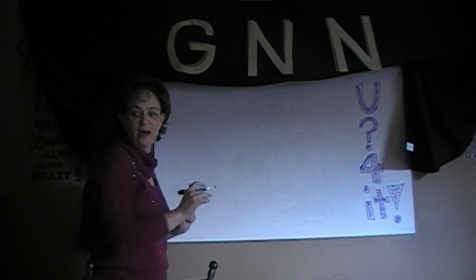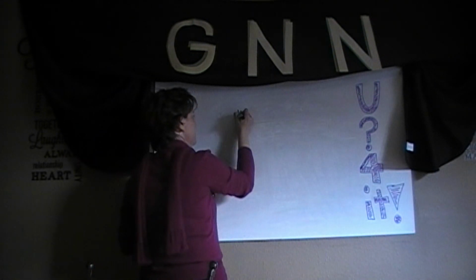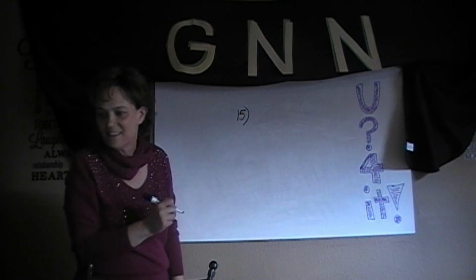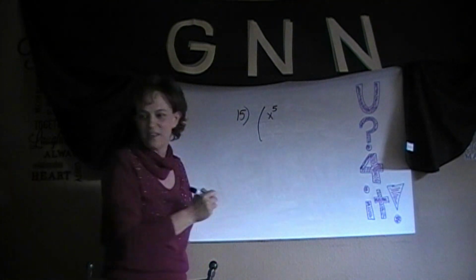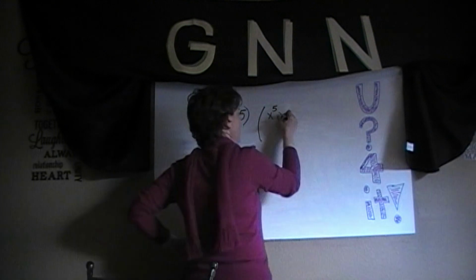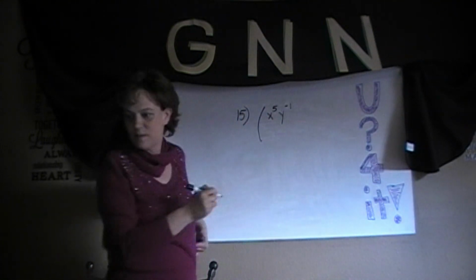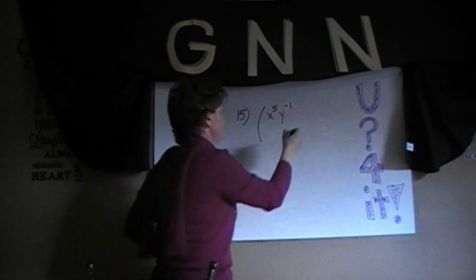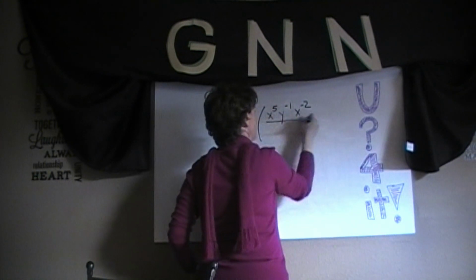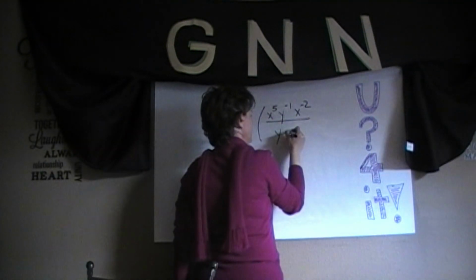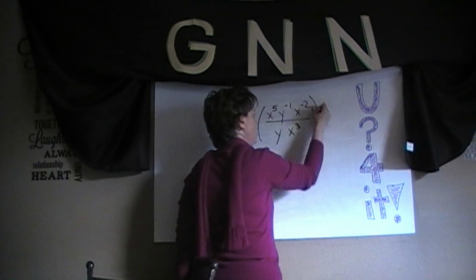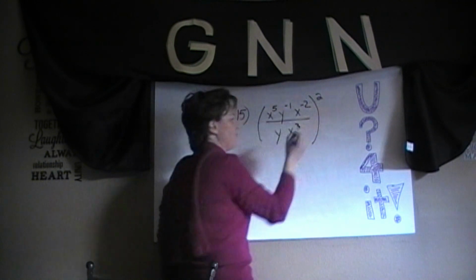Okay, and so here we go, number 15. All right, and so x to the 5th power times y to the negative 1 times x to the negative 2 over y to the 1st power times x to the 3rd power, and all of this is raised to the 2nd power.